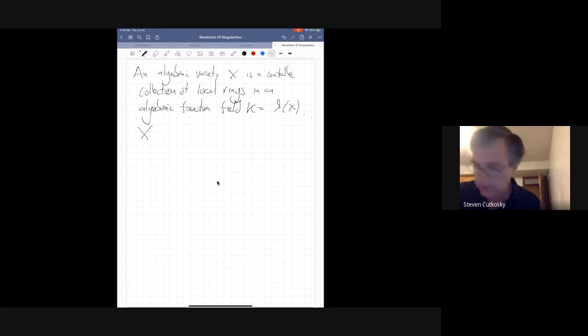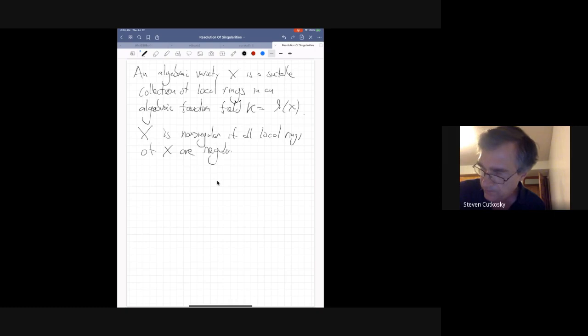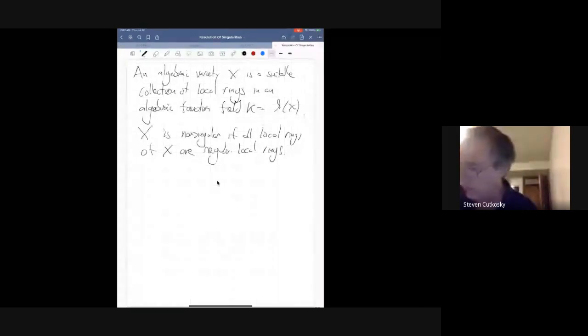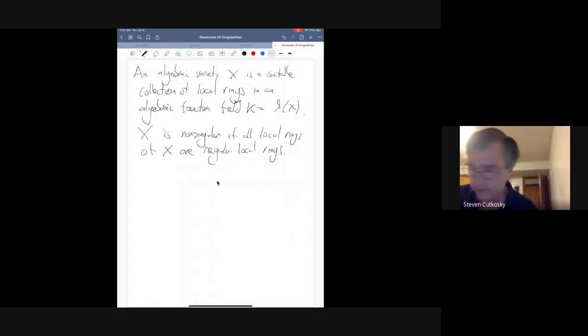Okay, so what does it mean for X to be non-singular? If all local rings of X are regular local rings. Okay, and that will happen if all the local rings of the actual physical points, the closed points, are regular local rings, the d-dimensional local rings.